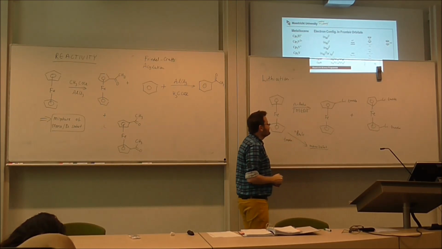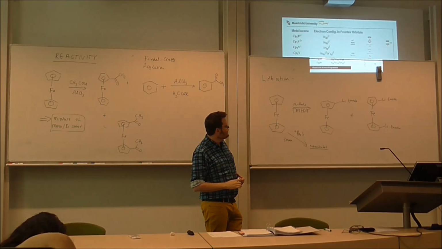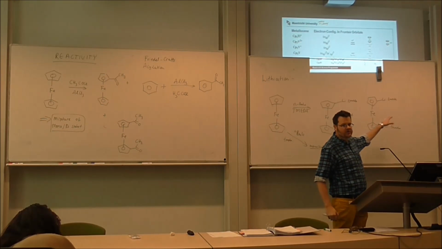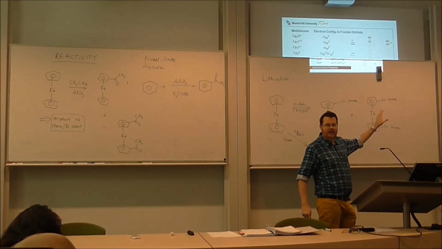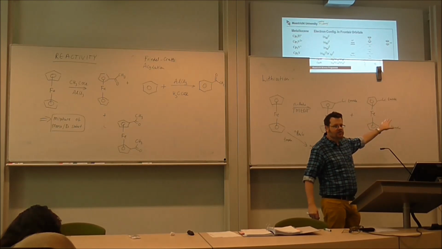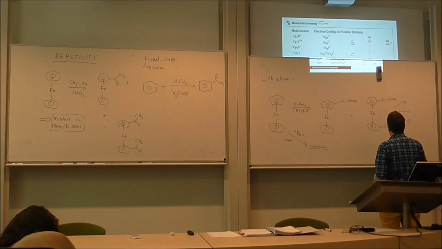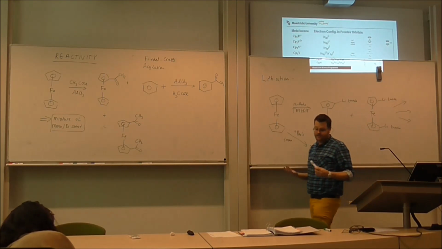Now that's great, because if you've got lithium here, of course, that gives you access to all sorts of beautiful chemistry. You can, for example, now attach all sorts of electrophiles there. So this is a nice starting material for chemistry of ferrocene.